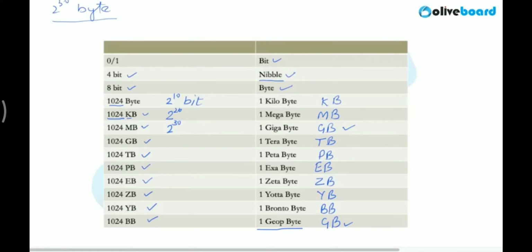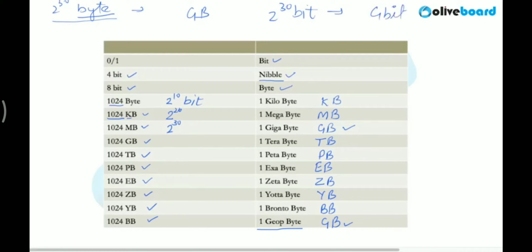Since the question is asking in the unit of bytes, the answer will be in bytes. So if the question is 2 to the power 30 bytes, the answer will be gigabyte. And if the question were 2 to the power 30 bit, the answer would be gigabit. All right, I hope you are clear with this point.